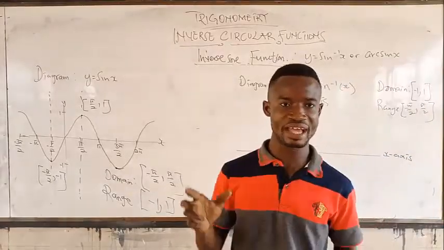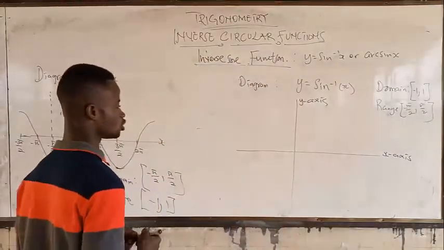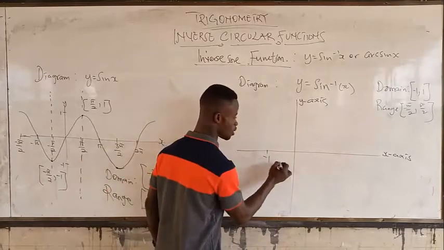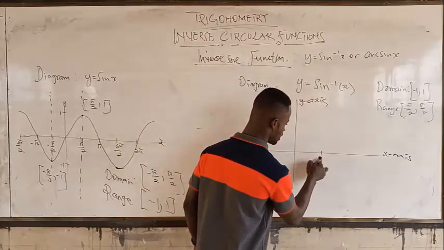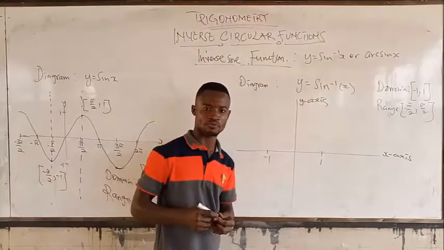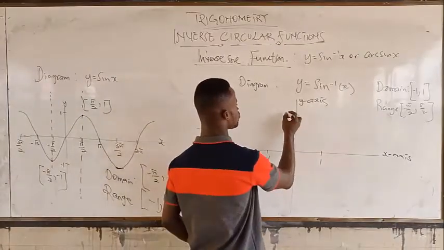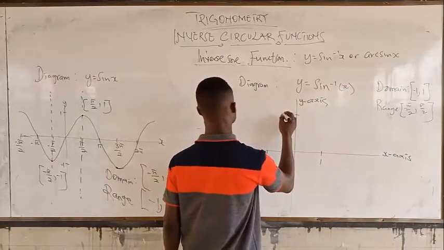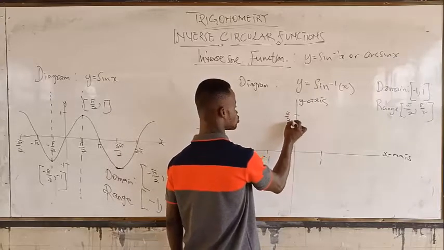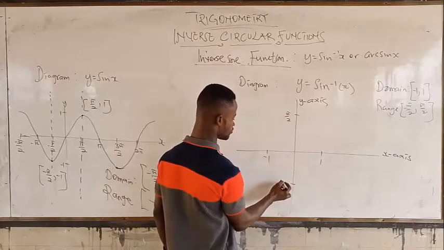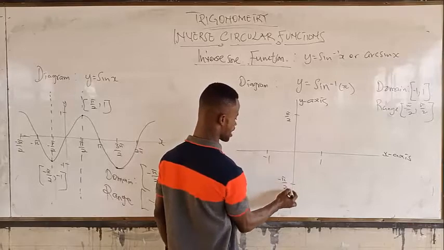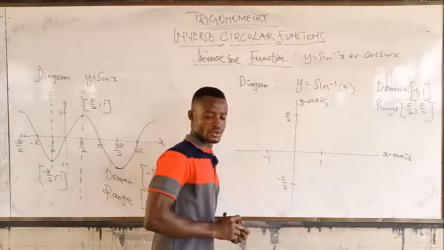That is the inverse sine function. So we now get negative 1 and 1 here instead of negative pi on 2 and pi. Then here will be pi over 2. Then here will be negative pi over 2. Hope you are getting it.